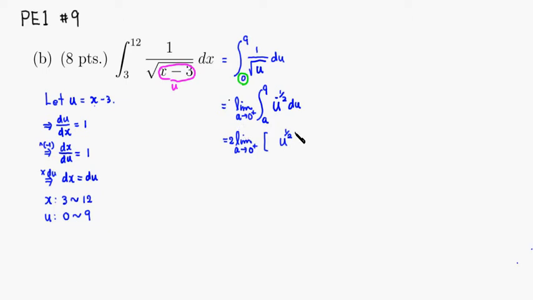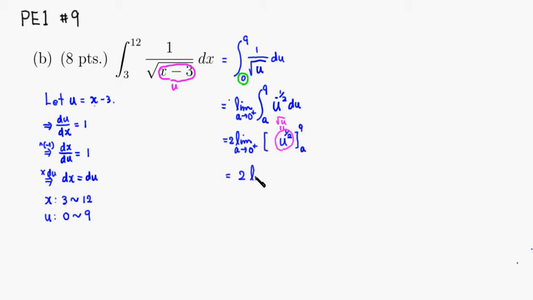And then this is going to go from a to 9. Also remember that the 1/2 power is equivalent to square root, so this is just the square root of u.